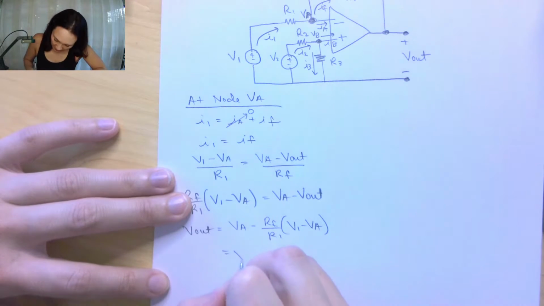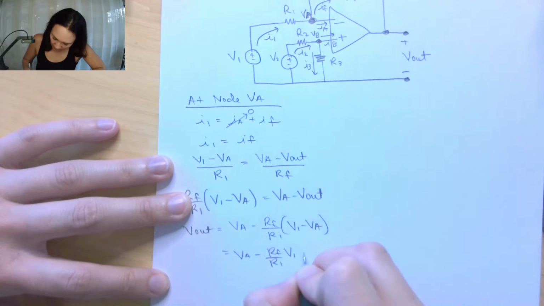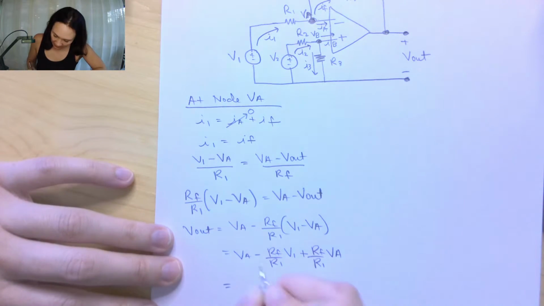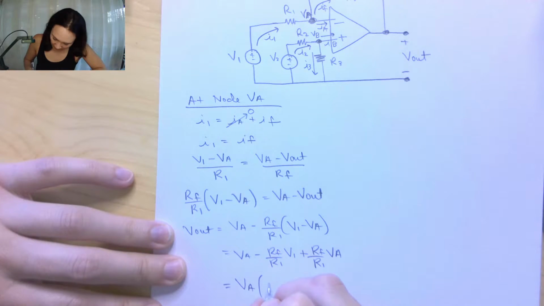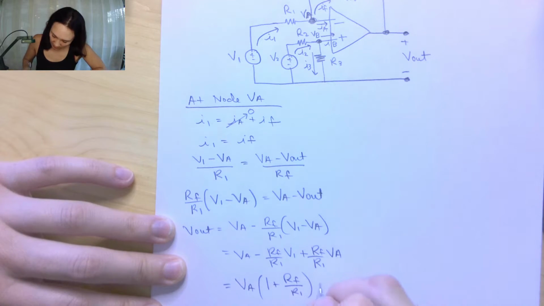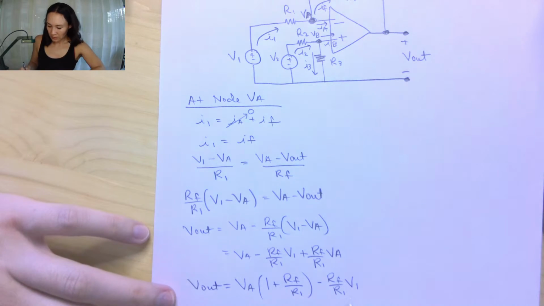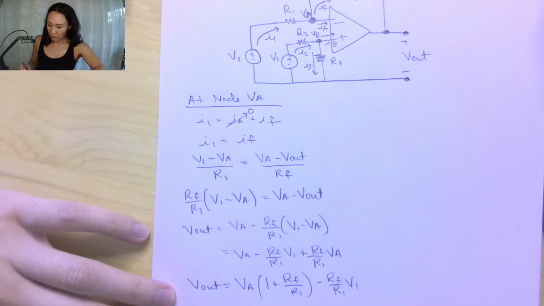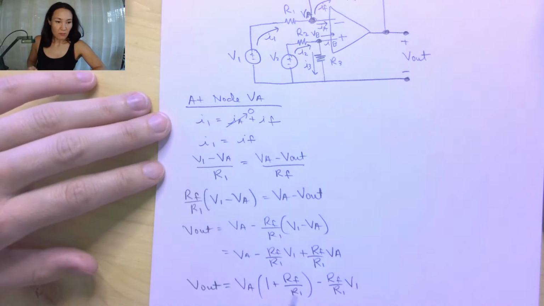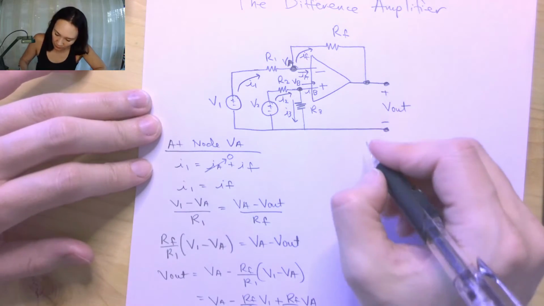So this means that VA minus RF over R1 times V1 plus RF over R1 times VA. So if I factor out my VA, this gives me the quantity 1 plus RF over R1, minus RF over R1 times V1. And this is my expression for V out in terms of V in from my first nodal analysis. So now let's let this sit tight for a second, and let's turn our attention now to node VB.